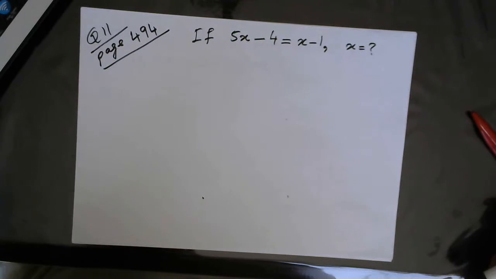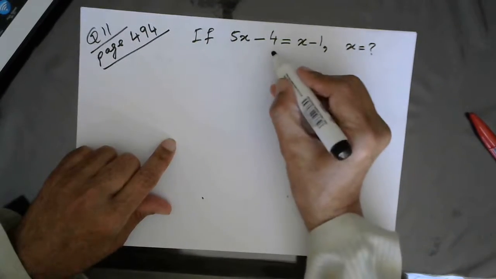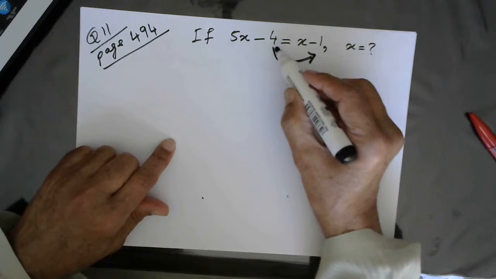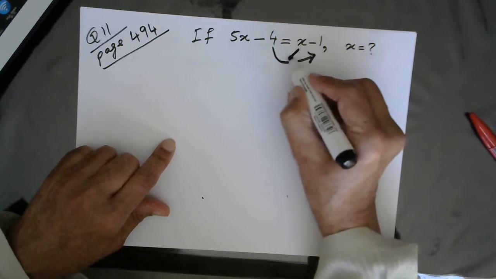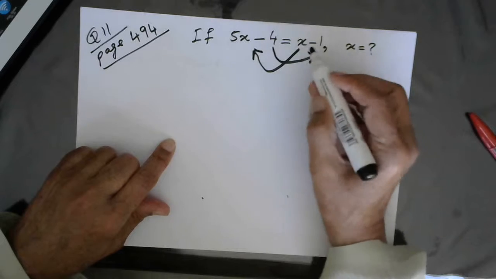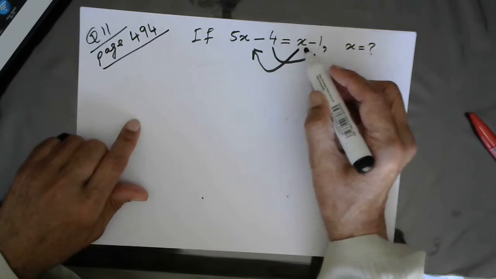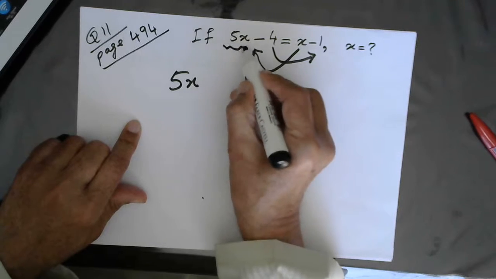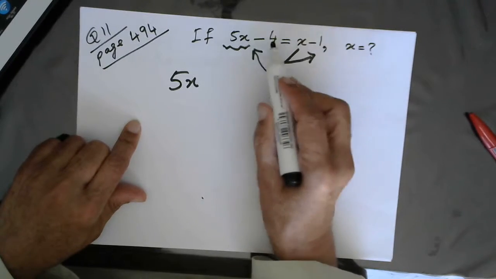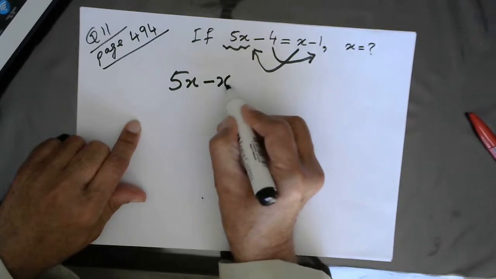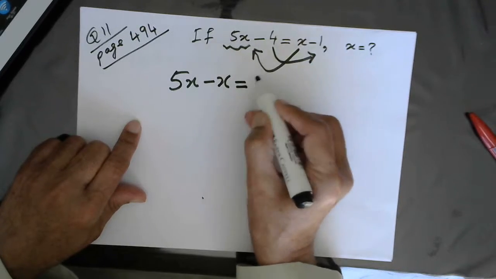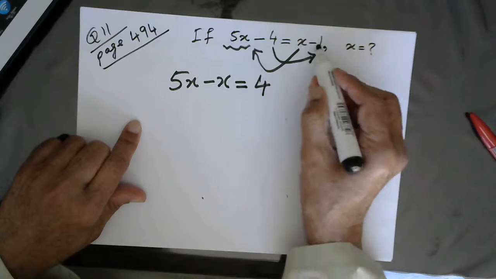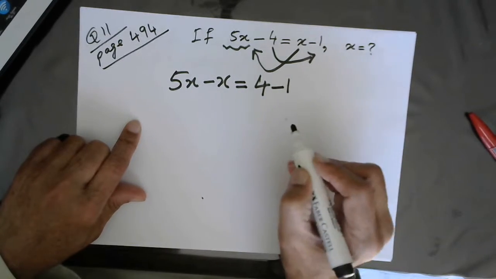Number 11 is very easy. I will transfer this to the right because it is a constant, and I will transfer this to the left because it is a variable. So I will get 5x, which is already on the left side, and this x on the left hand side will become minus x. Similarly, this negative 4 on the other side will become plus 4, and we already have negative 1 on the right hand side.